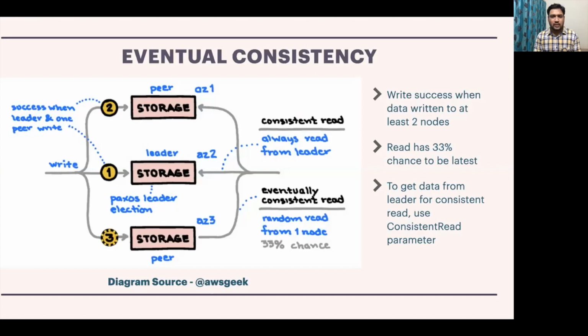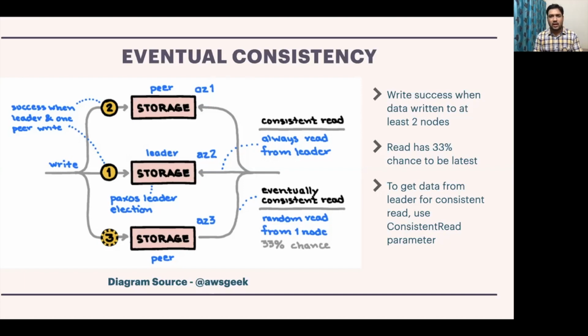Let's take a look at this diagram. Let's say you make a write, and through the router and the hashing value, the router routes it to an appropriate node. In the node, the data is written inside a storage pod. The write is considered successful when there is another pod which responds back with success.